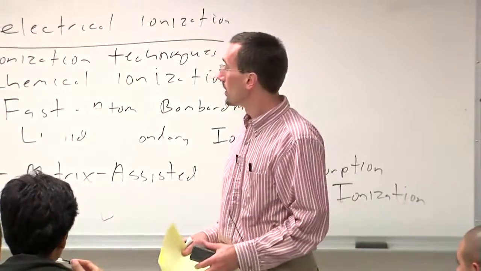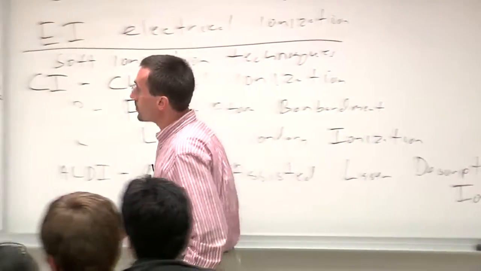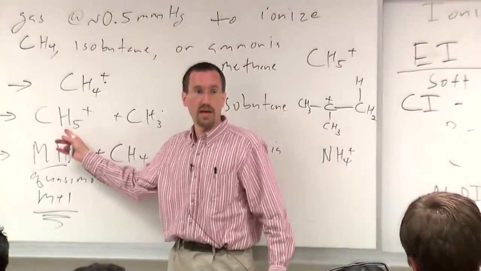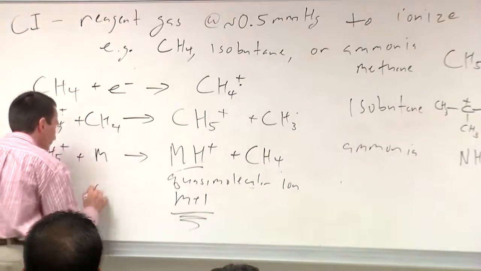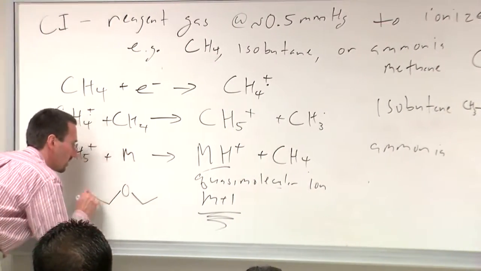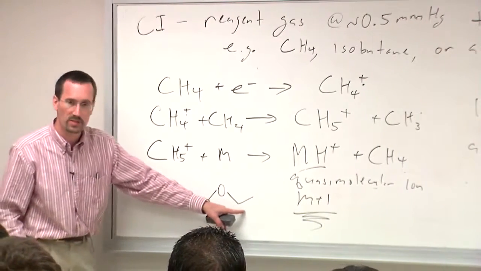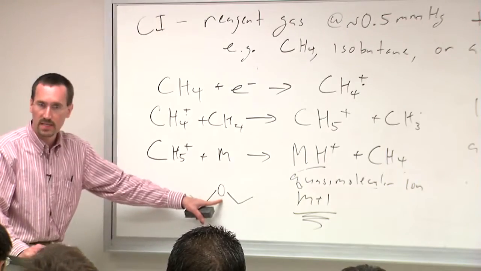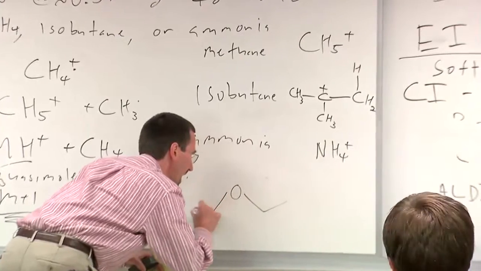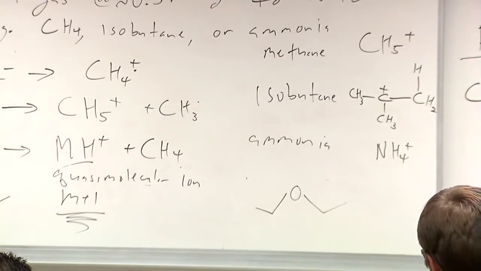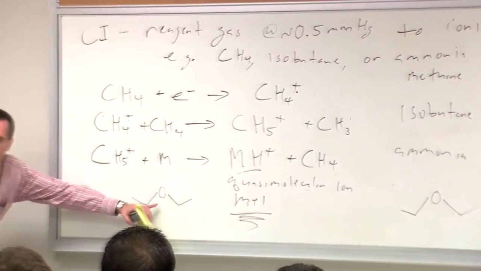So pure methane for the CH5+, that is the M+1? So you're not going to see the CH5+, but when you get your molecule, so let's say your molecule is diethyl ether. Diethyl ether is 74, so what you'll see is not something at, what's 29 plus 16, not something at 64, if I'm doing the math correctly in my head.